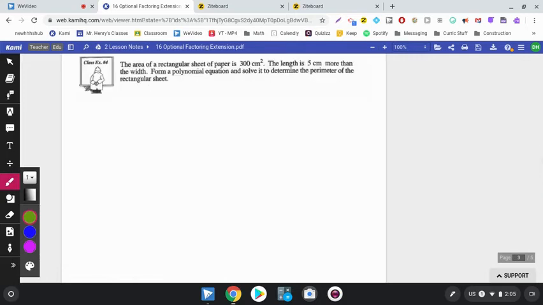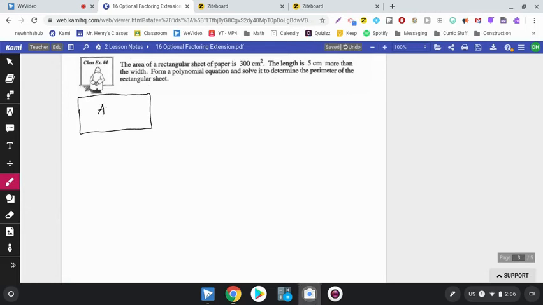It says the area of a rectangular sheet of paper is 300 centimeters squared. The length is 5 centimeters more than the width. Form a polynomial expression and solve it to determine the perimeter of the rectangular sheet. Well, whenever I get a problem that allows me to draw a picture, I do that. So it says it's a rectangle, and it tells me the area is 300 centimeters squared.